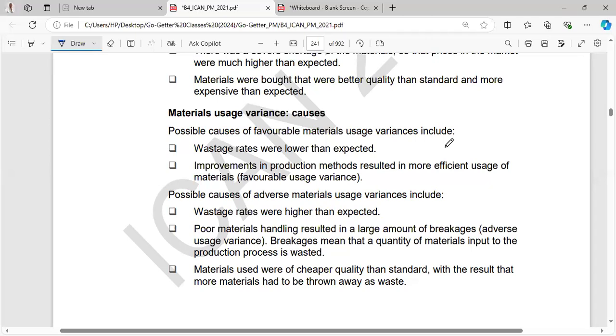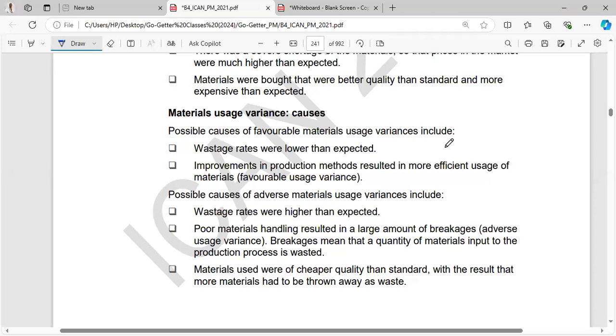When you have a favorable price variance because you bought cheaper material than the standard, that variance will now worry the production. The purchasing manager will say, wow, I bought and saved the company money, but he has put a problem in the hands of the production manager, because it is cheaper than standard and there will be wastage and it will be thrown away.